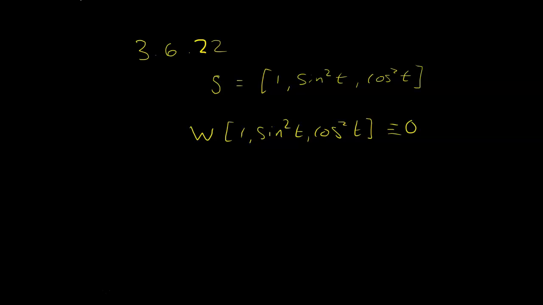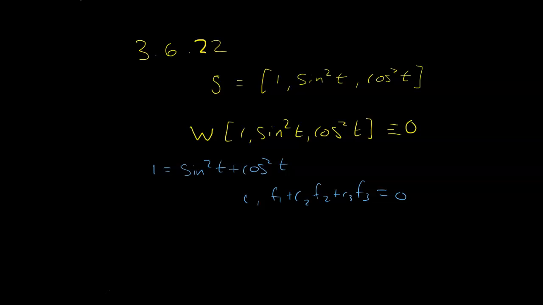Looking at this, I could write that first function, 1, as a linear combination of the other two, because 1 is equal to sine squared t plus cosine squared t. In more vector-like notation, if I had some constant c1 times f1 plus c2 times f2 plus c3 times f3, I can show this is 0 for some non-trivial c1, c2, c3.